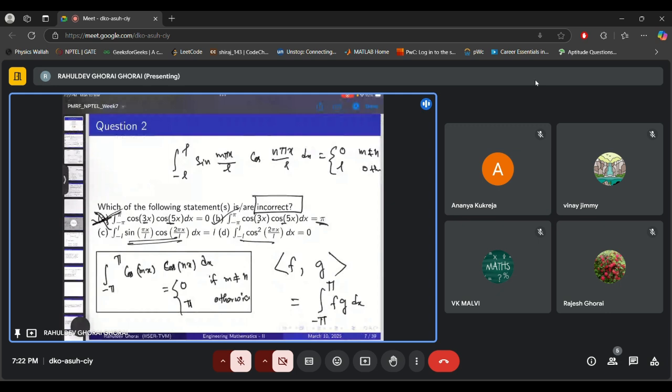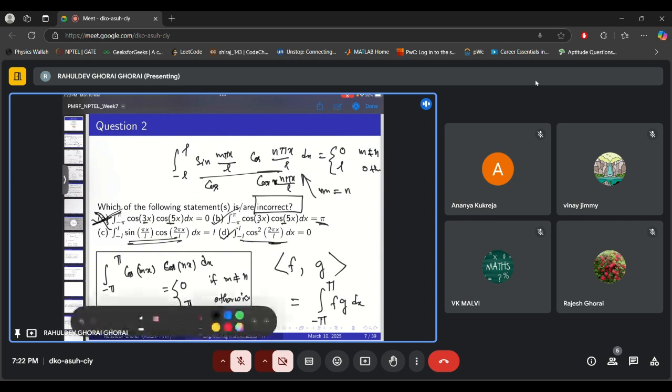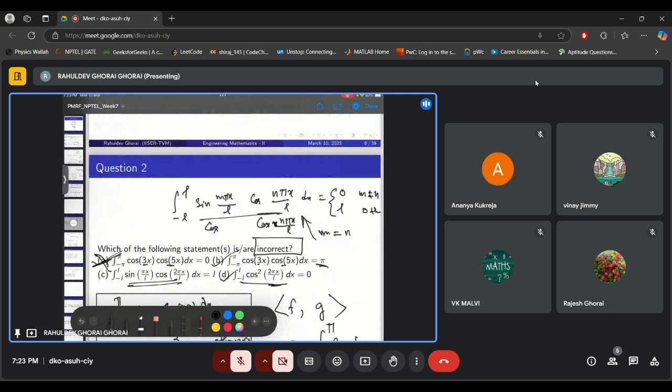Then what about option D? For option D, this formula is for m equal to n, not this formula. It is true for cos with cos, both cos n pi x over L. But the sine and cos will always be 0.